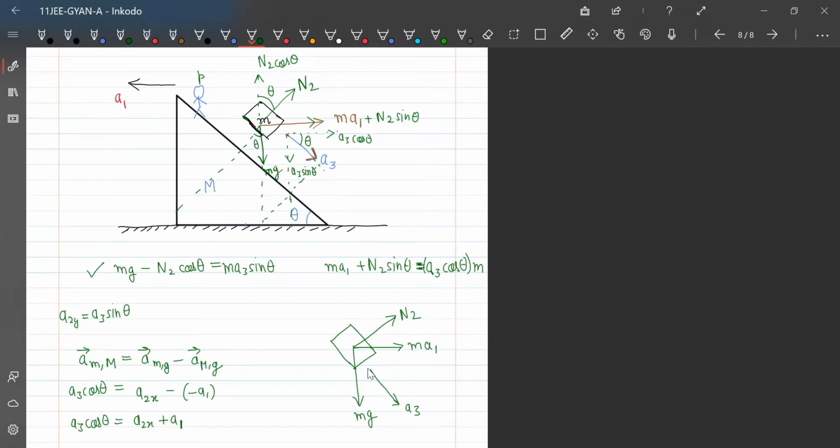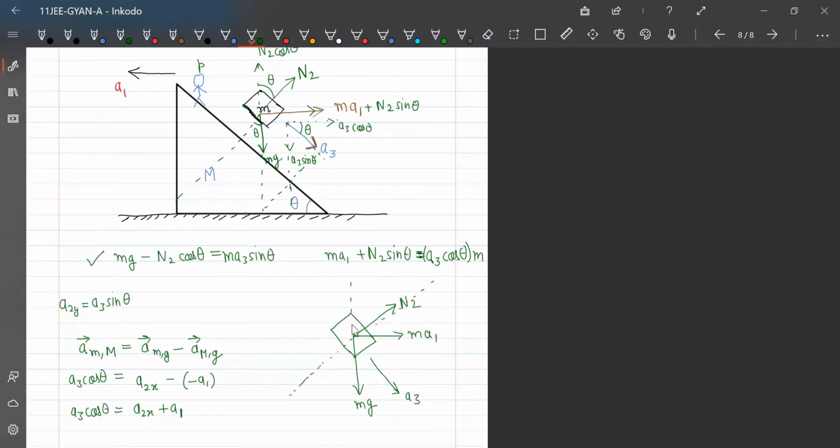So if you take the component along this direction, there is no acceleration here. And you will be able to find the value of n2. Try this. Now this angle is theta.